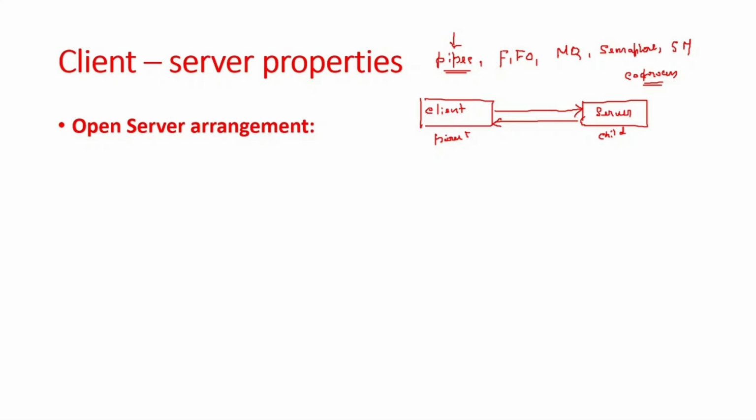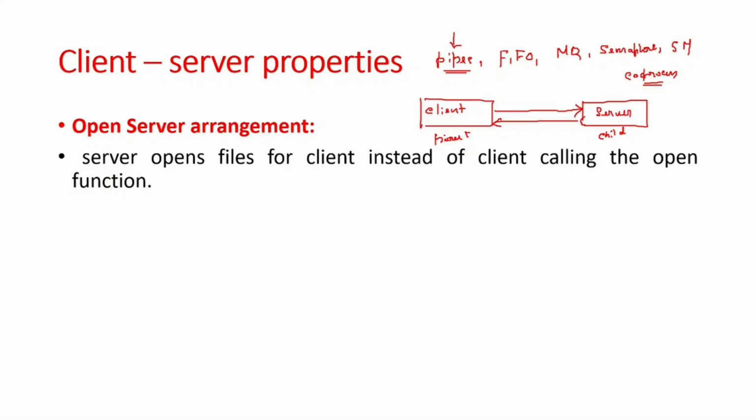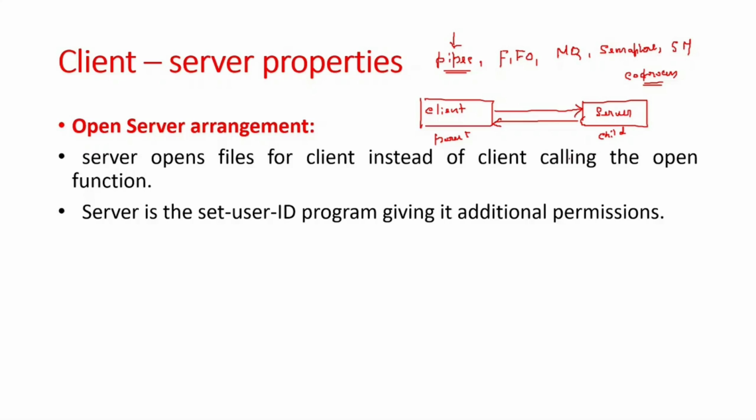We can build an open server like this, and this server opens files for the clients instead of the client calling the open function. We assume that the server is a set-user-id program, giving it some additional permissions. So the server uses the real user id of the client to determine whether to give it access to the requested file or not.